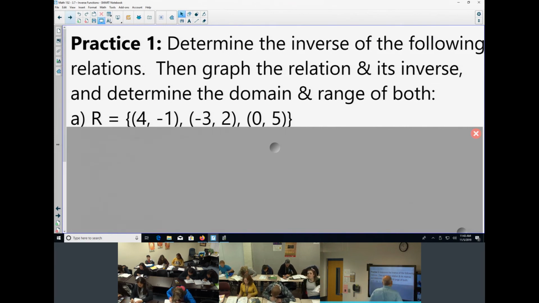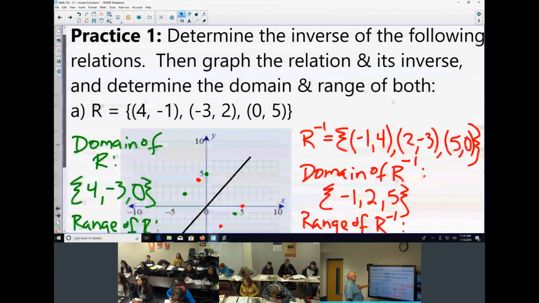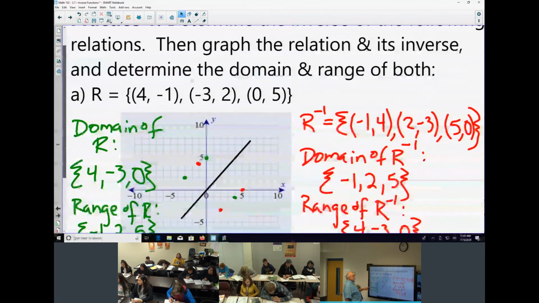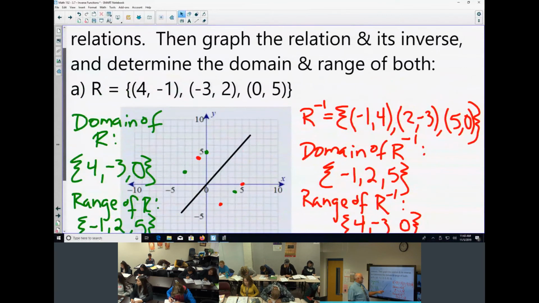All right, so I'll just have you check your graphs. Okay. So the original function, so (4, -1), they're in green. Then the reflection, the inverse functions are in red. So notice the symmetry, that a function and its inverse are reflective, so they're symmetric through y equals x.